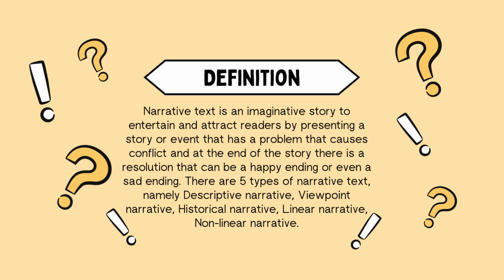After that, linear narrative. Linear narrative is a narration that presents events in the order they occurred. And lastly, non-linear narrative. This is a narration that shows events out of sequence. For example, 2020, then now.